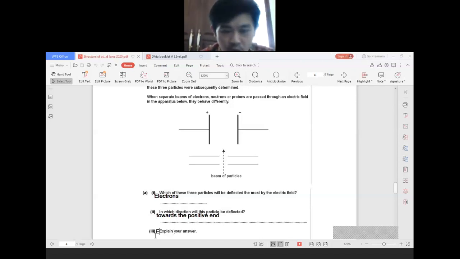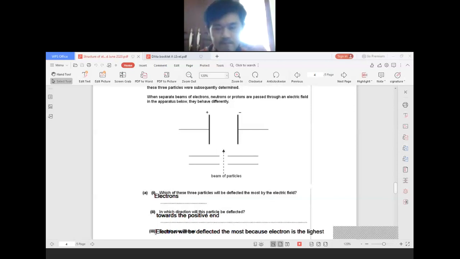Electron will be deflected the most because electron is the lightest. Its mass is 1/1840. So it's very small. So it's considered to be negligible.